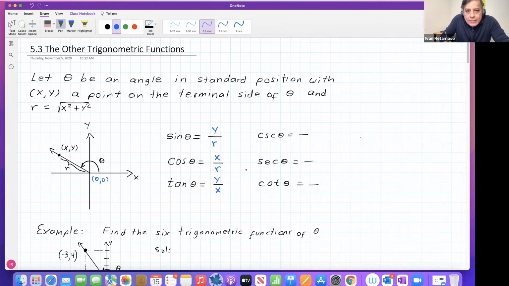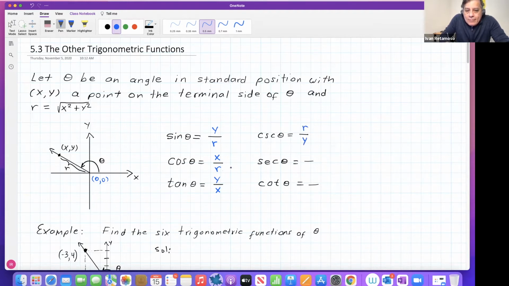Now, remember the other three trigonometric functions, cosecant, secant, and cotangent, come sort of for free once you flip sine, cosine, and tangent respectively. Flipping or taking the reciprocal of sine, we get for cosecant r over y.